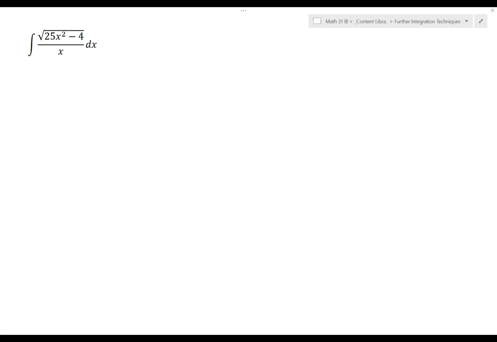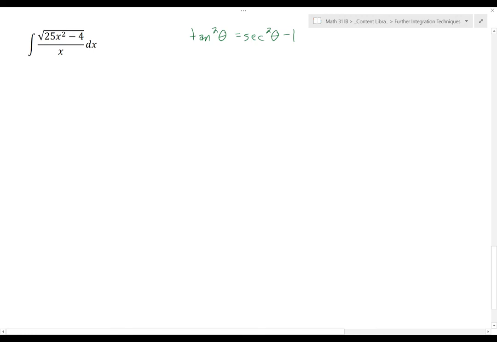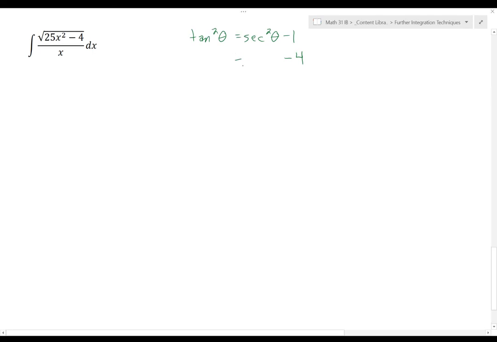one that often works. So secant and tan, because I have the identity that says that tan squared theta equals secant squared theta minus 1. So what I'm trying to create here then, I don't have minus 1, I have minus 4. So I'm going to try and create 4 secant squared theta minus 4.